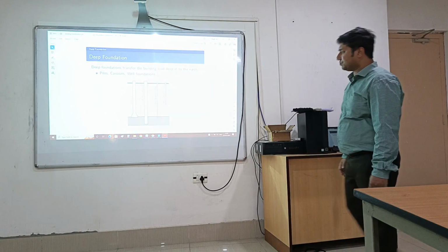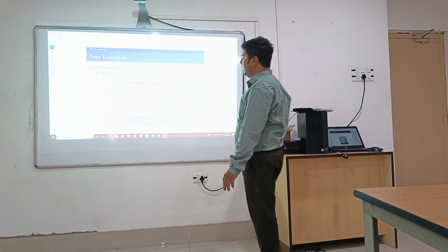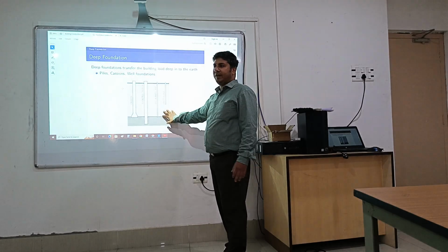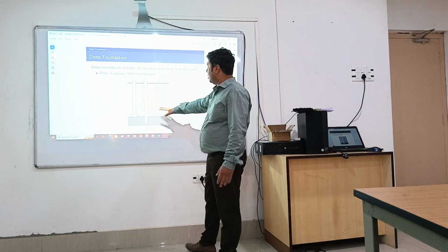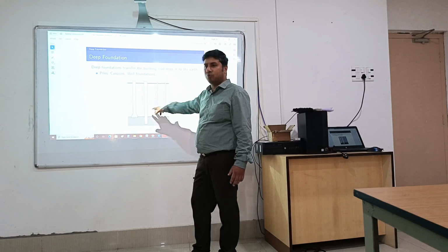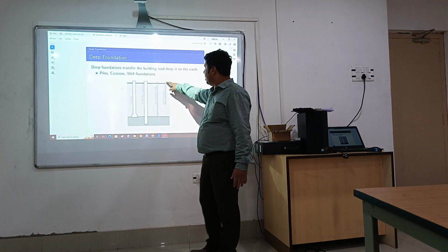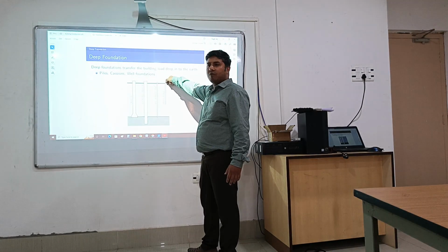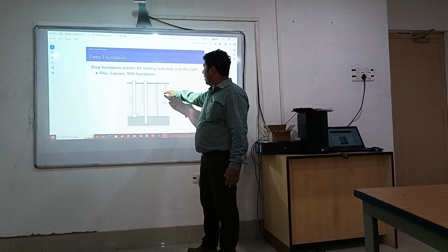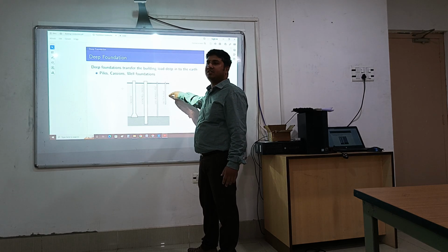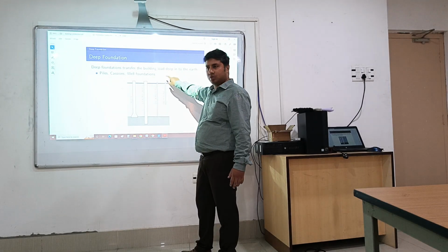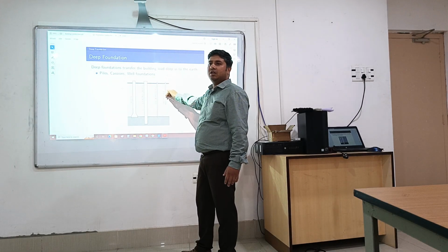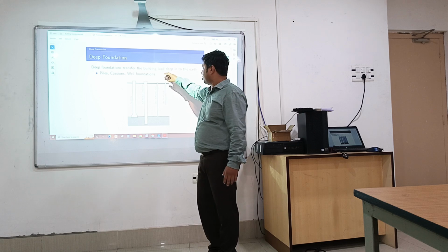Next is your pile footing. So there are different types of footing that you have seen: pile footing, caisson footing, or wall footing. The pile footing may be of two types. One is your friction pile, where the load is borne due to the friction of the adjacent soil strata; from the friction, the pile is able to carry the load of the structure.